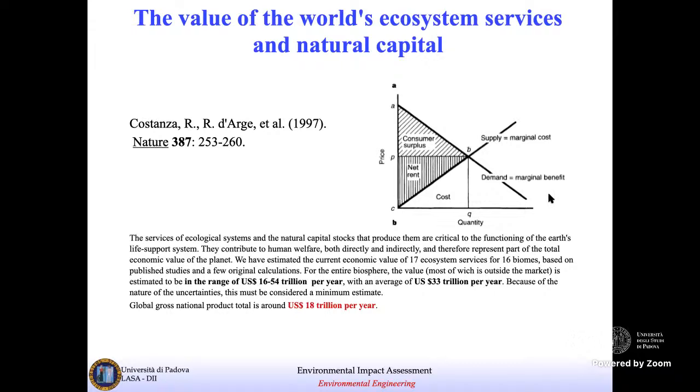But something very difficult happens when you try to apply this kind of model onto natural goods, natural systems. The problem is that when you deal with natural systems, there is no such equilibrium point in which the supply is equal to the demand, simply because the supply-demand lines are not crossing each other.